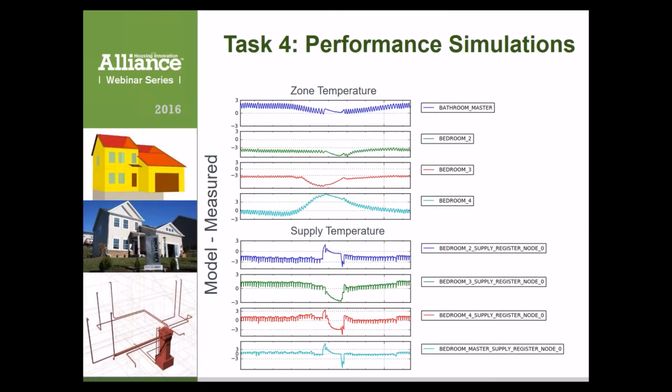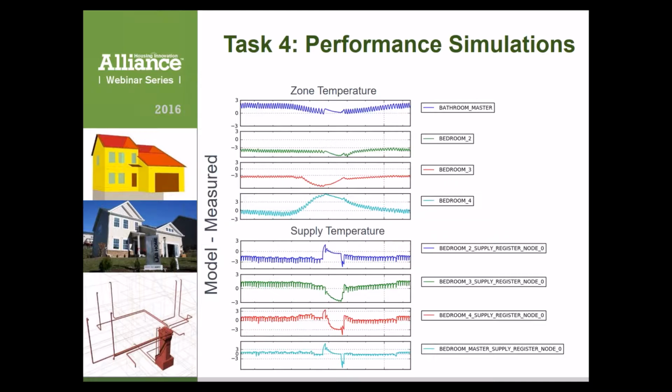So I wanted to make a point with the performance simulations task that there's a lot of things at play here. We've got some really advanced techniques being developed and utilized to allow this modeling to proceed and make these comparisons. But we're utilizing information, again, fed from our lab testing for the effective U values of insulated and uninsulated ductwork because we've tested both at the lab house.